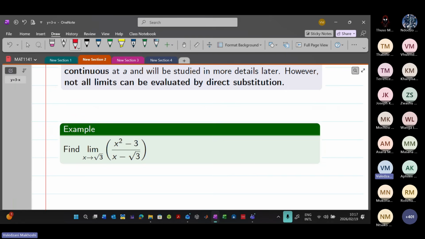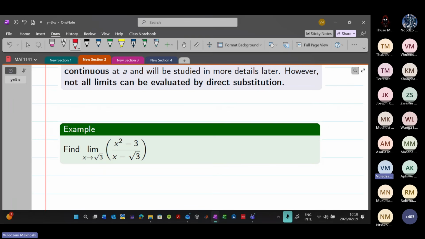So what we are going to do is to find another function whose limit will be the same as the limit of this function when x is approaching square root of 3. Because again, the important thing is we will not be interested in what happens when x equals square root of 3, but what happens when x is very close to square root of 3.